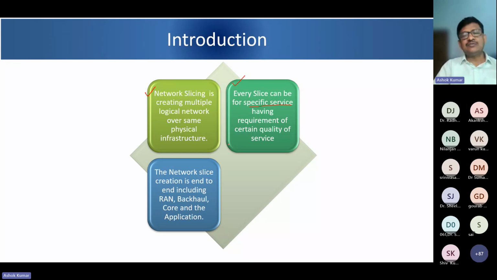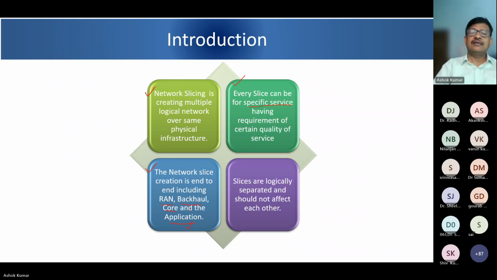And when we say network slicing, 3GPP is talking about creating an end-to-end network slice, which will include our radio access network, then the backhaul connecting RAN to the core, and also the core, and finally the application. So for every application or collection of applications, we can have a slice.